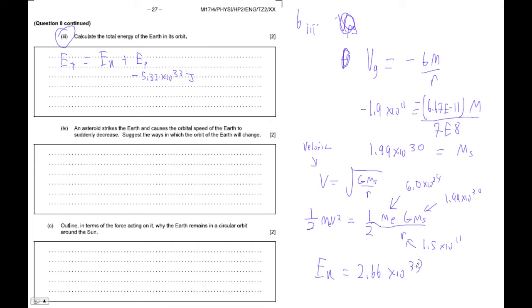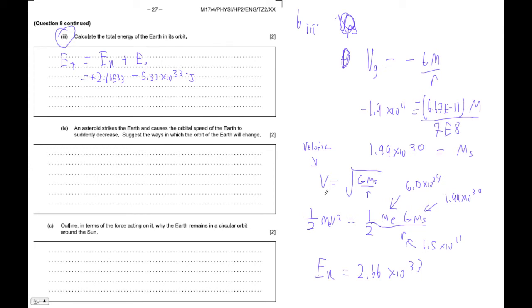Okay, and so now I'm going to take positive 2.66 E33 and combine that with negative 5.32 E33.